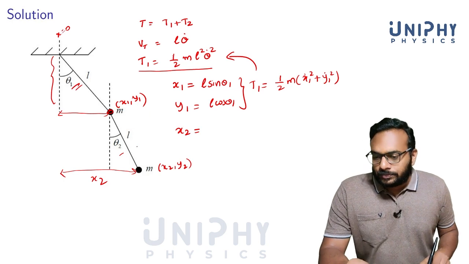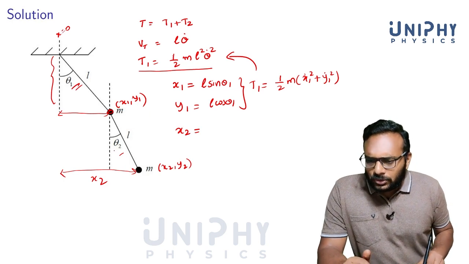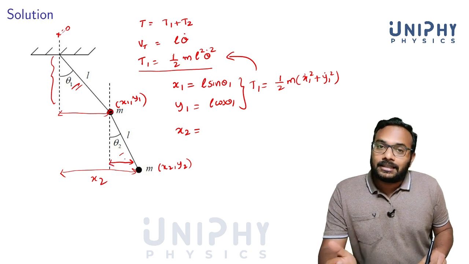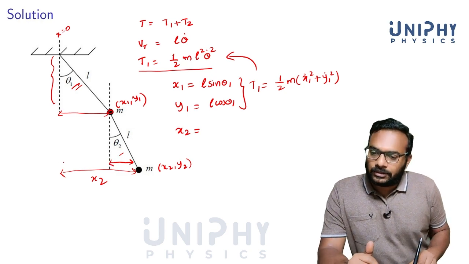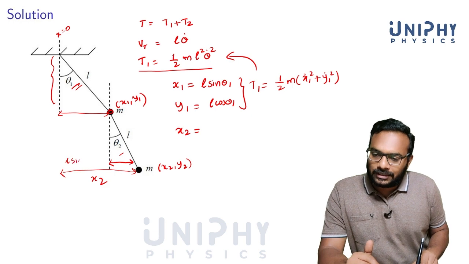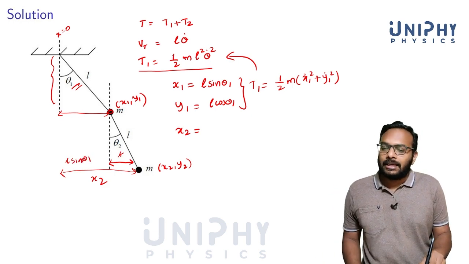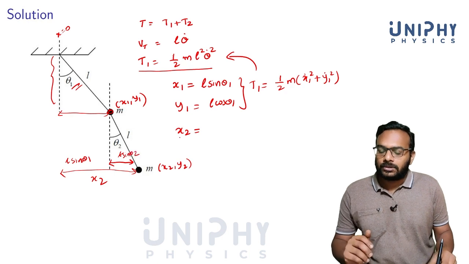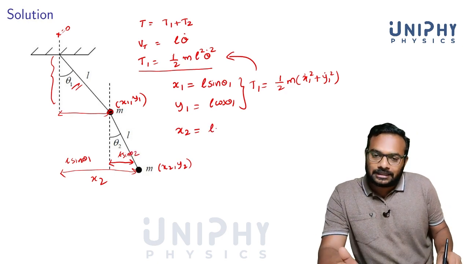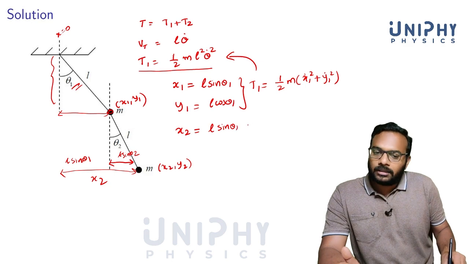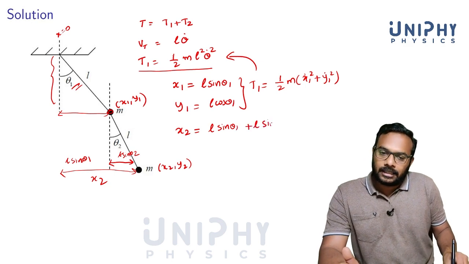We know that this small length is L sine theta 2, and this length was L sine theta 1. So x2 can be written as L sine theta 1 plus L sine theta 2.